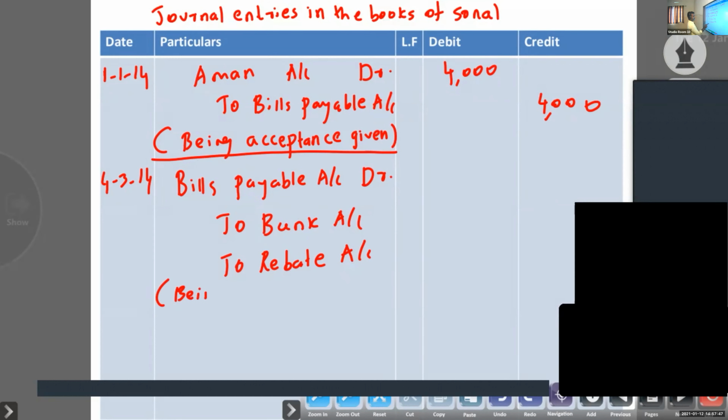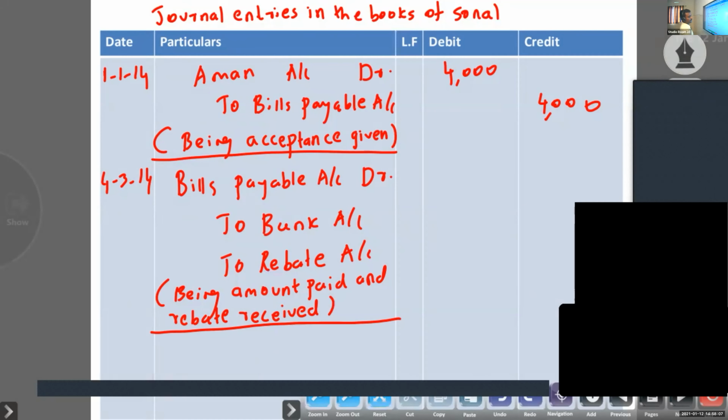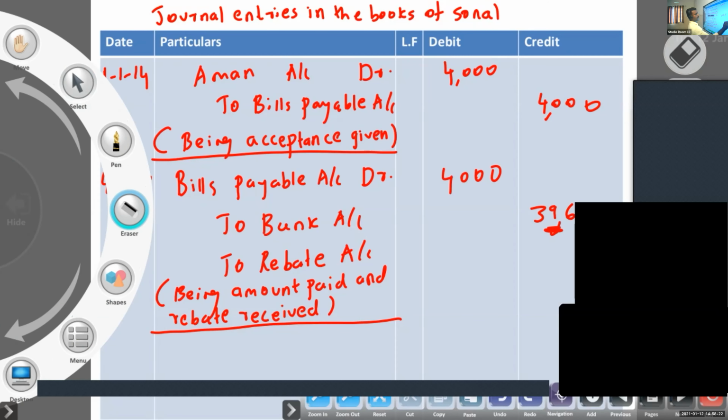Being amount paid and rebate received. 4,000 is the amount of the bill. He gave 3,960. Then he got the discount 40.